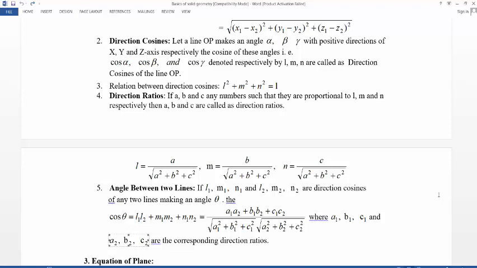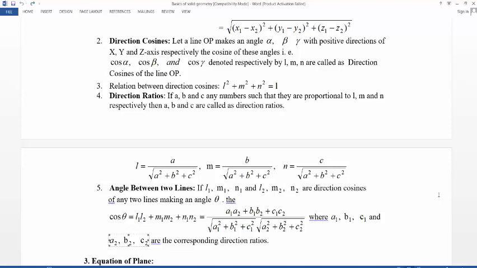And we can express L, M, N in the language of direction ratios, like L is equal to A upon square root of A square plus B square plus C square. M we can write as B upon square root of A square plus B square plus C square. We can also describe N as like this, C upon square root of A square plus B square plus C square.